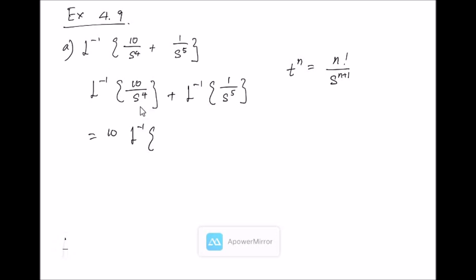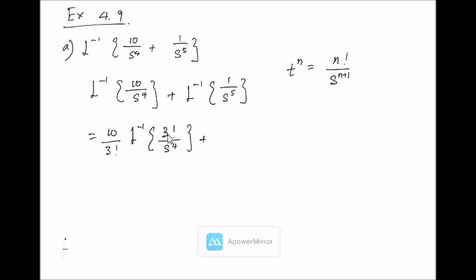So s power of 4 means that n is 3. So I will have 3 factorial divided by s power of 4. This 3 factorial does not belong to the original question, so we need to cancel it out by dividing by 3 factorial.